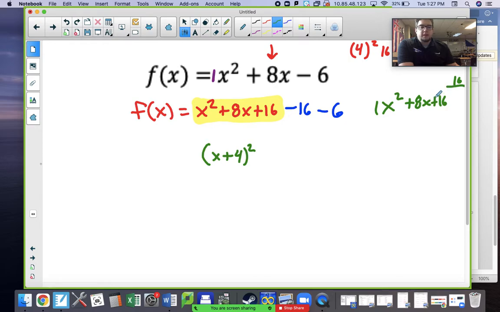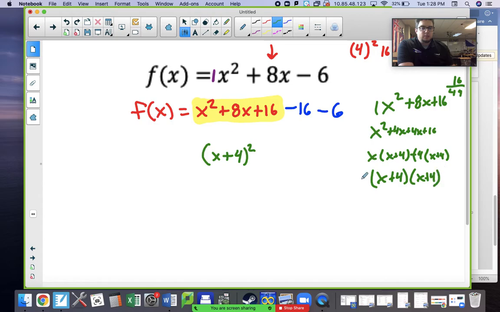Two numbers that multiply to 16 that add to 8: 4 and 4. So x squared plus 4x plus 4x plus 16. We get x plus 4, take out another plus 4, so we get x plus 4. And there's our identical binomials, x plus 4 times x plus 4.